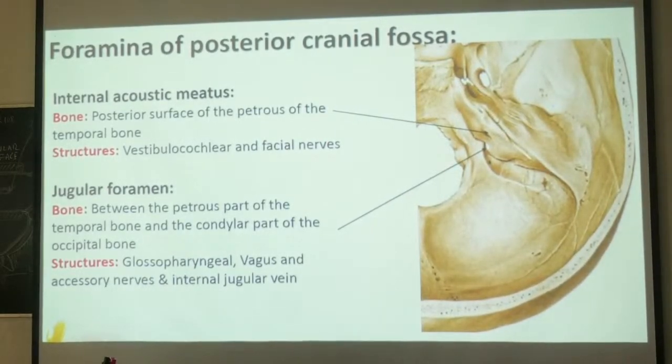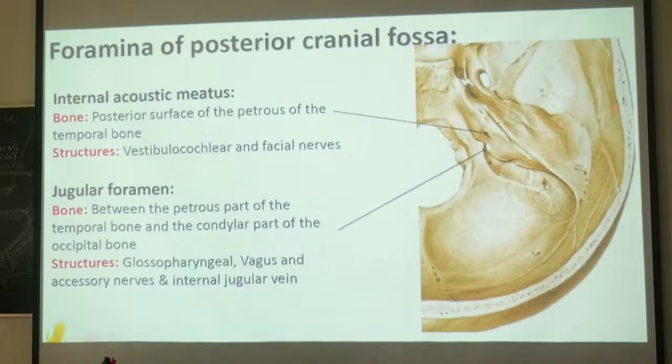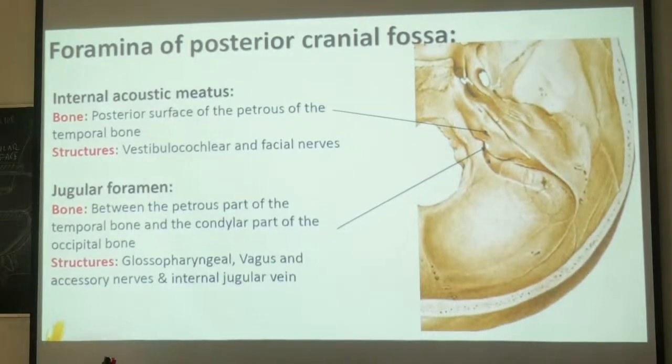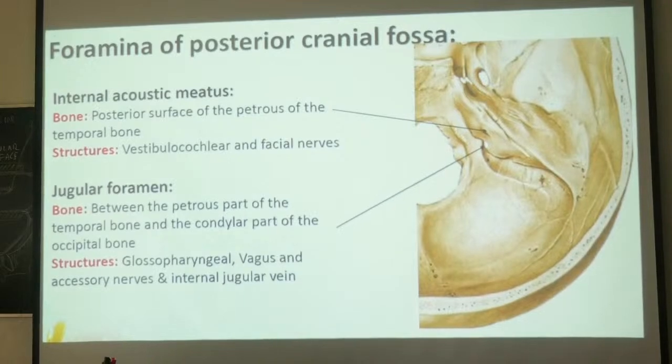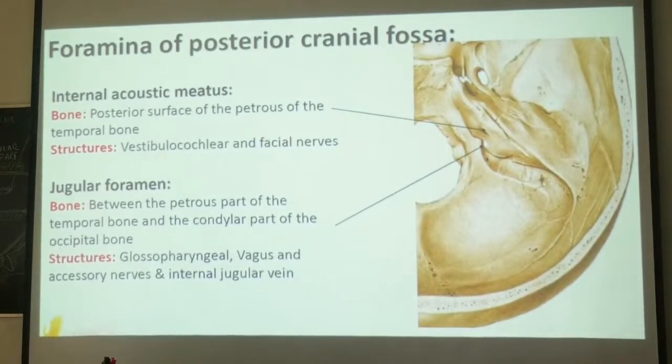These two pass through this internal acoustic meatus. Then they enter into the middle ear cavity. After passing through this area, the facial nerve comes out through the stylomastoid foramen. The middle ear cavity is lying within this petrous part of the temporal bone.